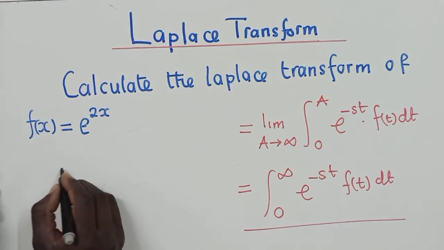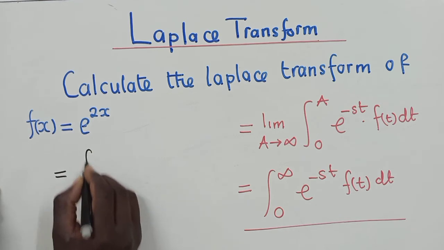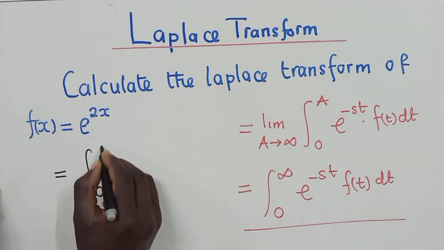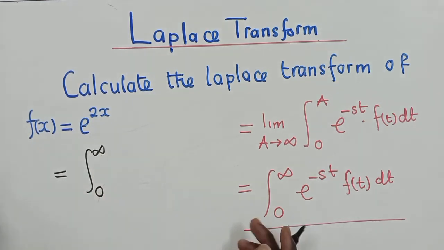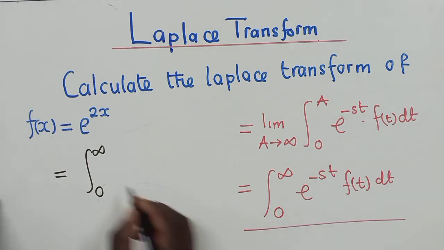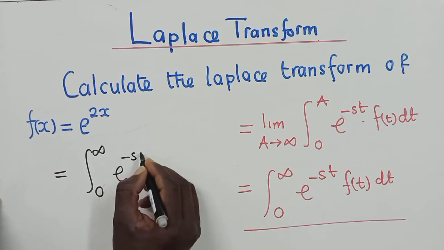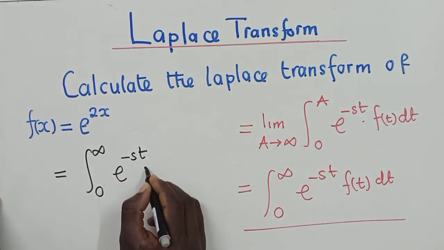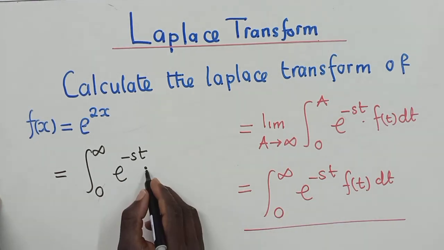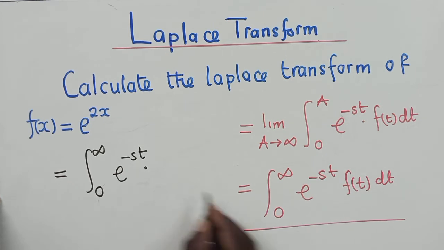So we'll say the integral from 0 to infinity of e to the power negative s t, and a dot. This dot means multiplication, times.